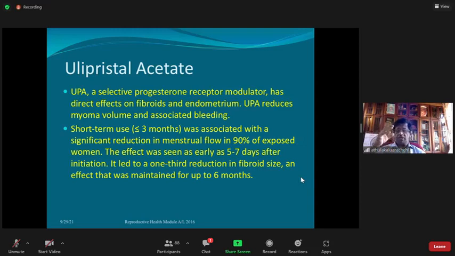They will always control symptoms, and to a certain extent, reduce the size of the fibroids as well. Many studies have shown that with ulipristal acetate, even over a short period of time, it can have an impact on menstrual flow in over 90% of cases.